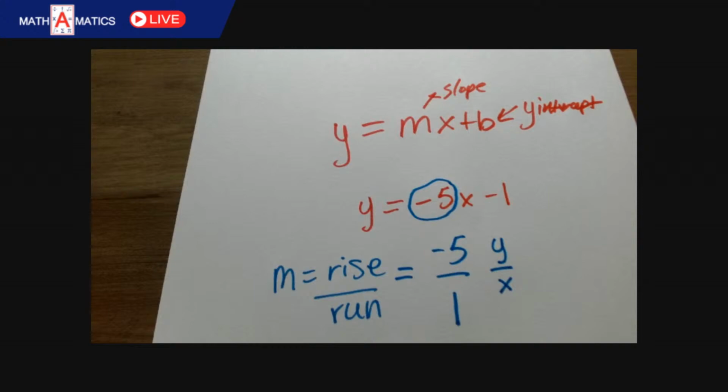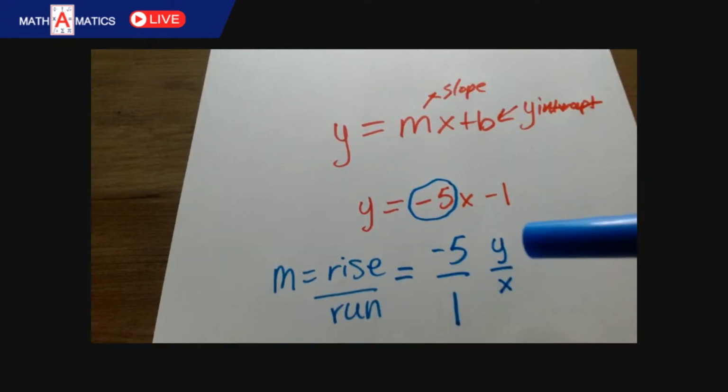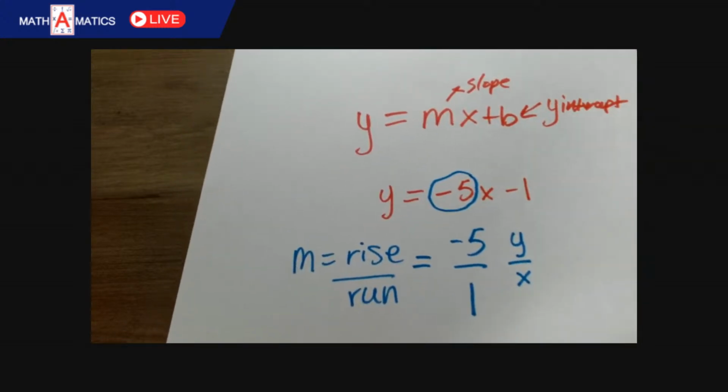And it's important to know how to identify it and the ways, but then it's also important to be able to solve it. And we can solve it from a point, we can solve it from a graph. And so one of the ways that we are going to solve it tonight is using 2 points. We get this all of the time. How do we solve from 2 points?